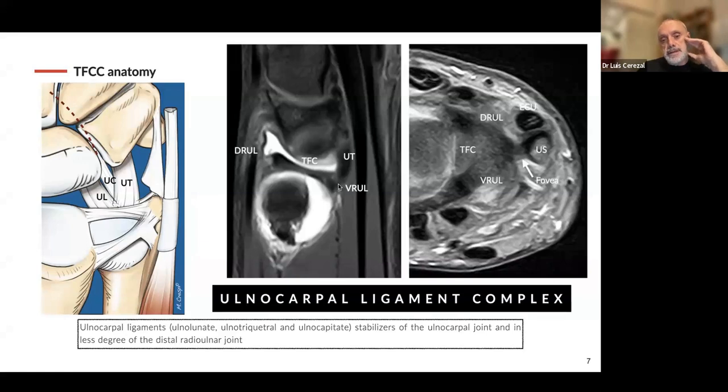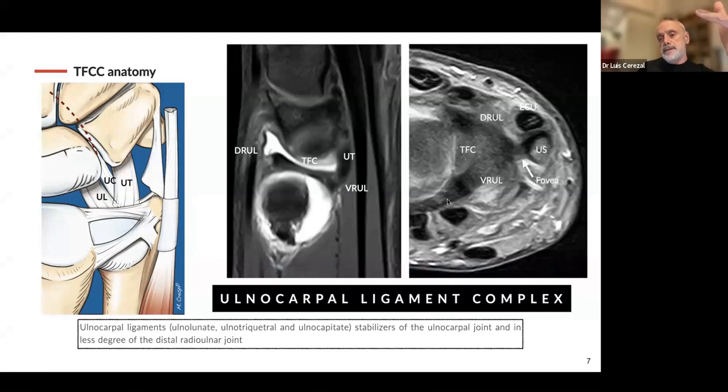Like in this image, we can see the ulnotriquetral ligament from the union with the volar radioulnar ligament to the volar insertion in the proximal aspect of the triquetrum.